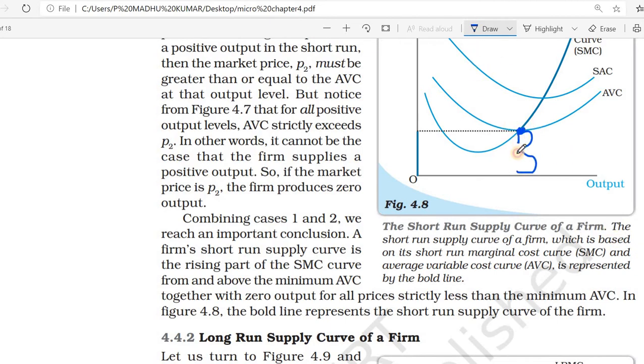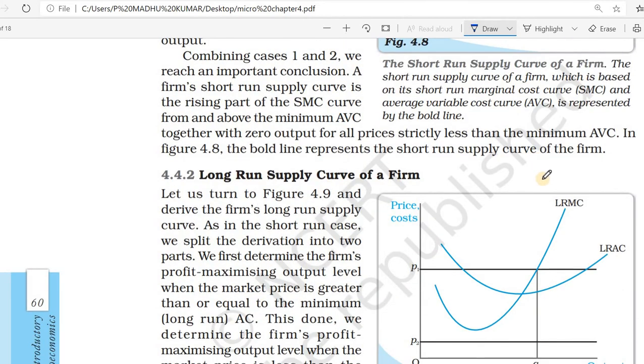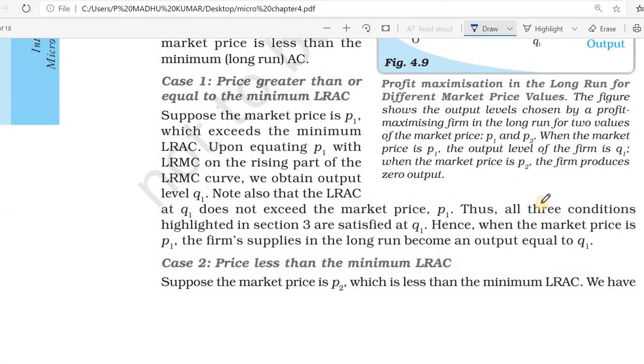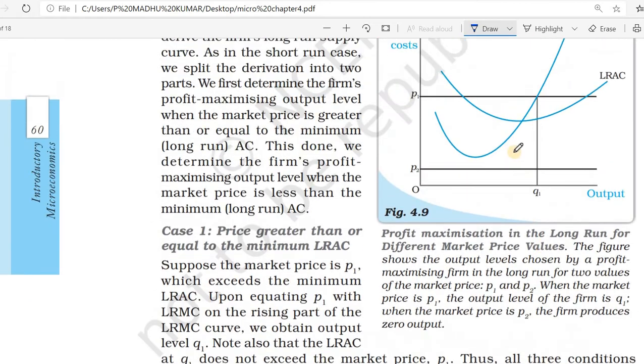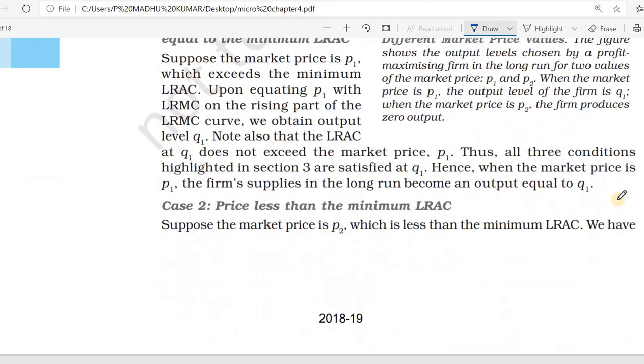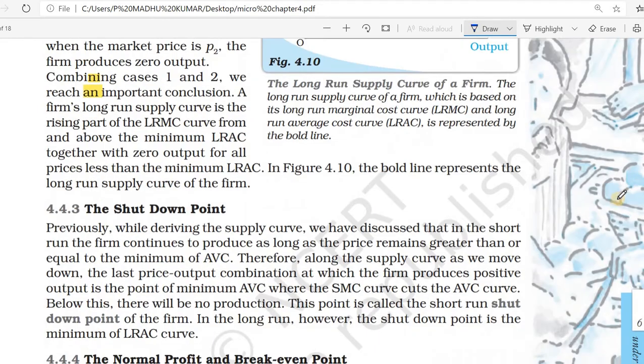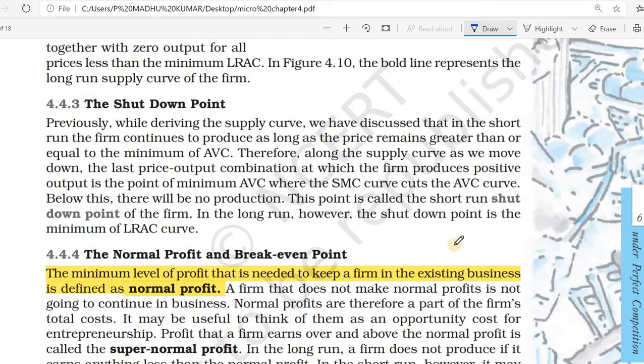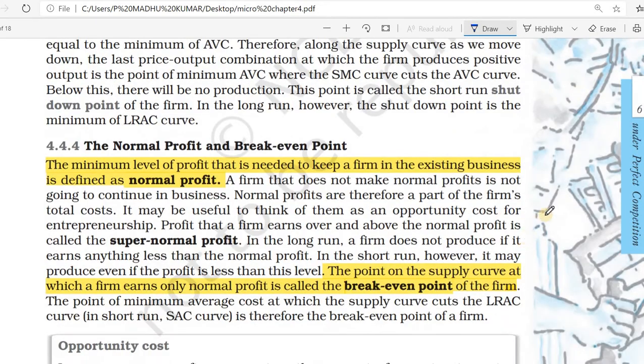Likewise in the long run, if the price is below this point, there is no production, a complete loss. Then we understood what the shutdown point is, and next is the break-even point.